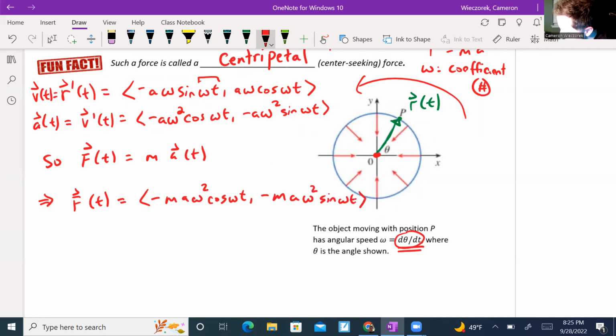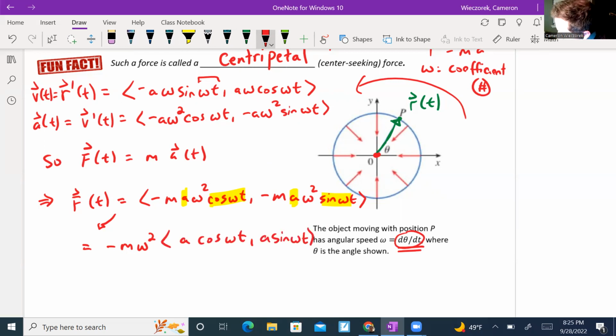And I'm going to do something; you'll see in hindsight why it works nicely. I'm going to factor out a negative m omega squared just so that I can really focus on the sines and the cosines, and the a. And you'll see why this is nice. This is a cosine omega t, and this is a sine omega t.